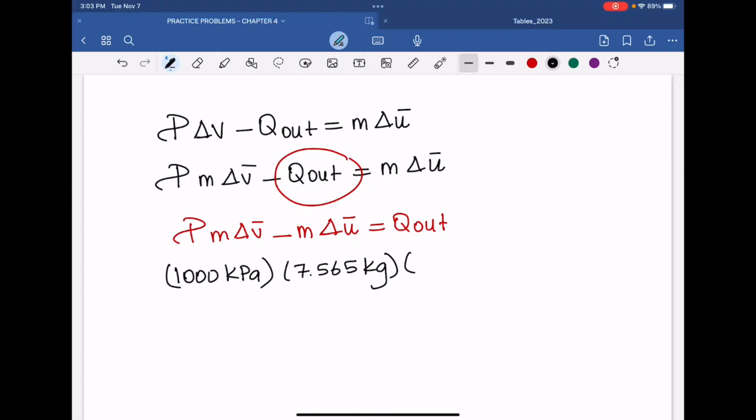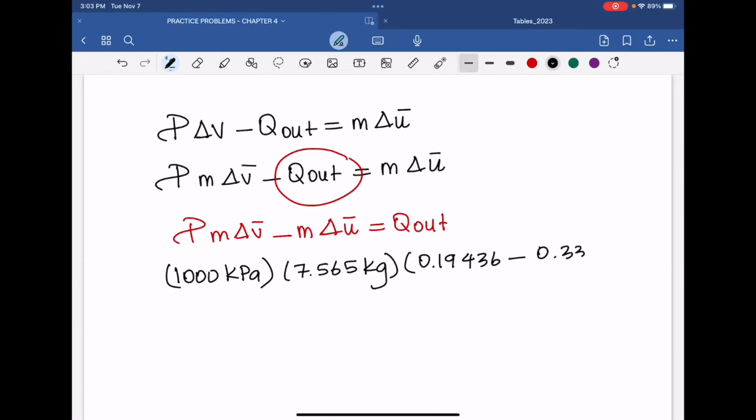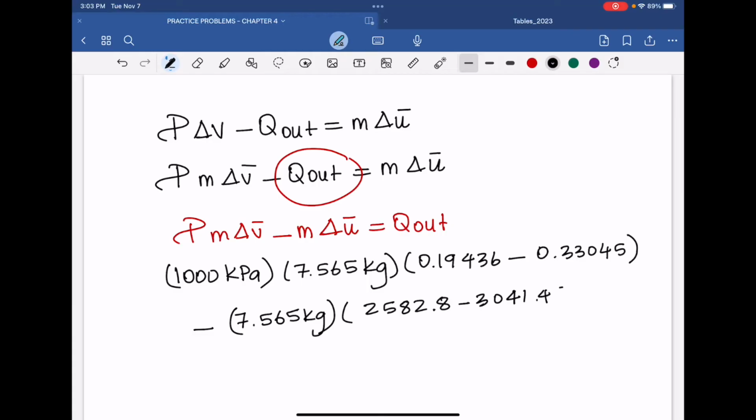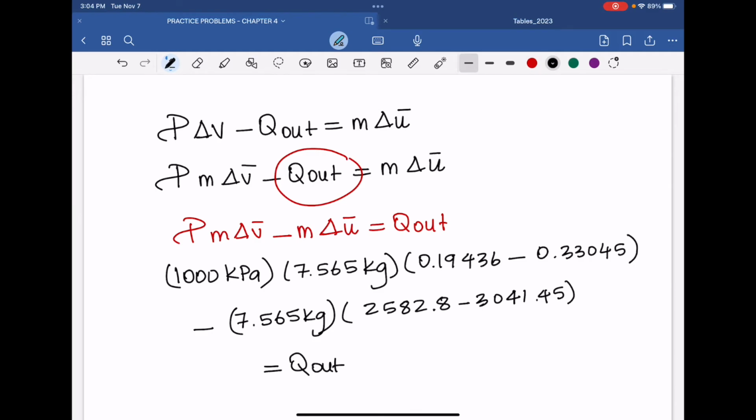Specific volume at the second state, minus the specific volume at the first state, minus mass times internal energy change should give you the heat that is getting out. And the answer should be this.